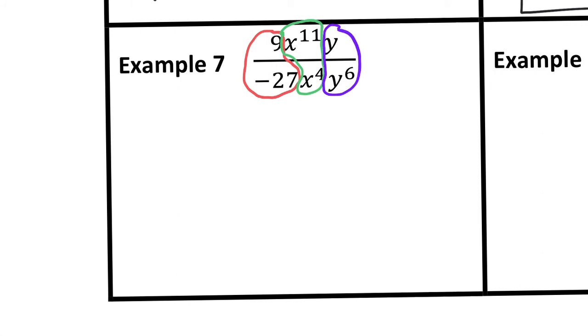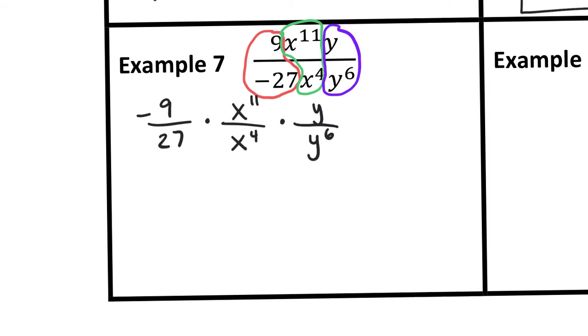Okay, so if I look at the numbers, I have negative 9 divided by 27 times the variables x to the power of 11 divided by x to the 4th, and then times y divided by y to the 6th. And this y, since it doesn't have an exponent, is assumed to have a 1. So I have a 1, a 6, 11, and a 4.